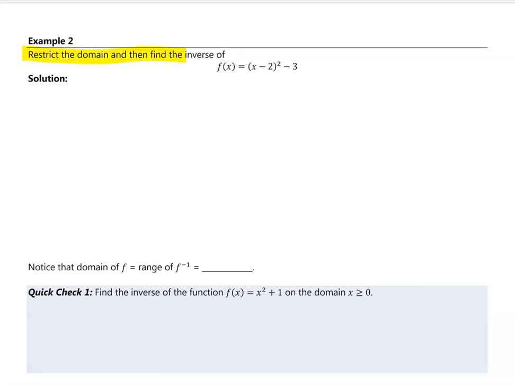Then find the inverse of f of x equals (x minus 2) squared minus 3. Let's try to graph this. What are the transformations here? Minus 2 meaning that is right 2, and minus 3 meaning down 3.